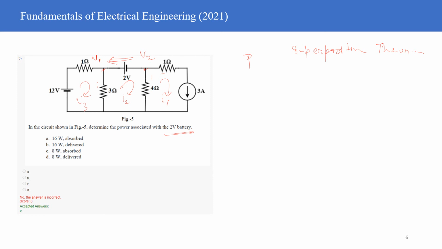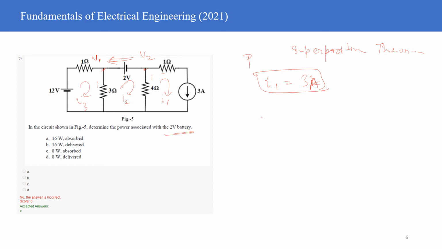Okay, and now you can write the equations, right? But then you know that I1 is equal to 3 ampere, right? So basically you are left with two variables, and there are two independent meshes. So you can solve those two variables using those two independent mesh equations, right?